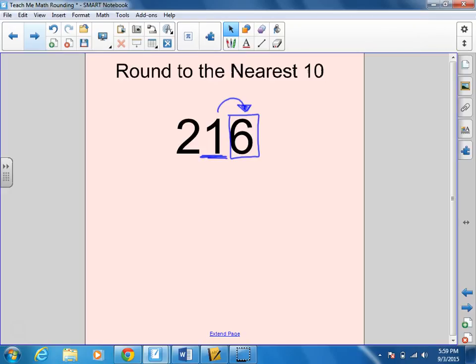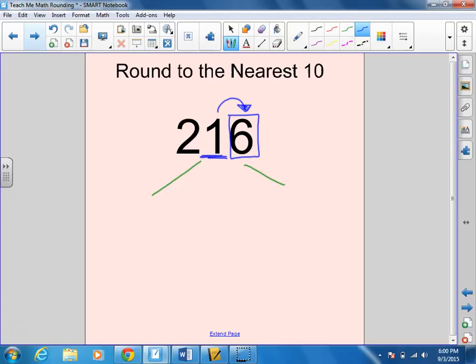Rounding 3-digit numbers can be tricky because students will oftentimes forget that it's a 3-digit number. When creating our benchmark numbers, we have to remember that this is a 3-digit number. So 216 is between what two tens places?